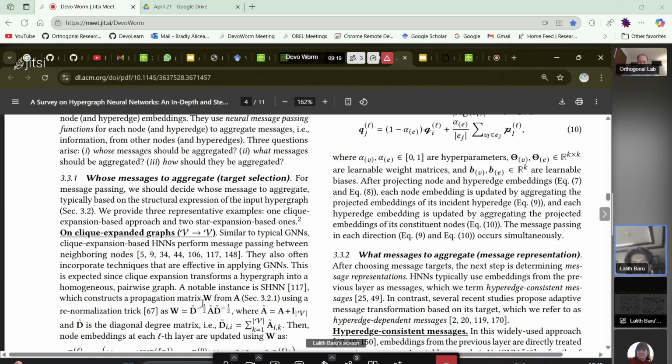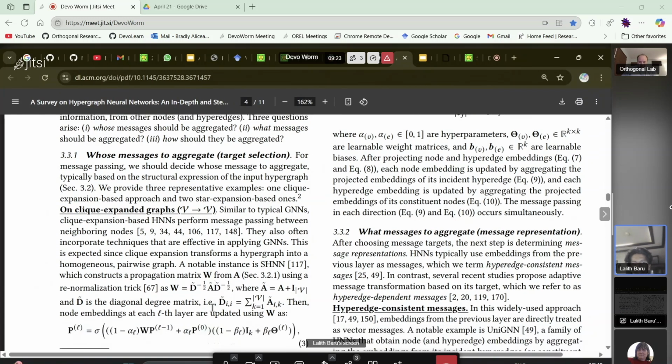Similar to that is hypergraph spectral expansion. Here we have a new type of it, called simplifying hypergraph neural networks. This is a good paper published in ICML, I believe a recent 2024 paper, where they have simplified how we can use a clique expansion for hypergraphs.